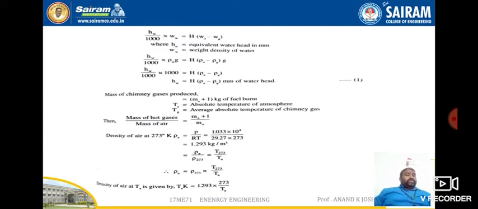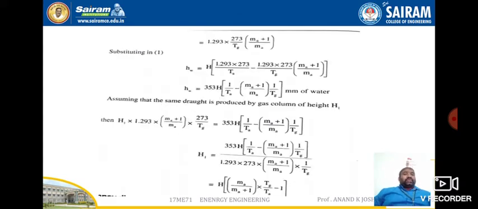Using equation 1, substitute all the necessary values we found previously, and you will finally get HW = 353H times (1 divided by Ta - (Ma + 1) divided by Ma times 1 by Tg) mm of water.